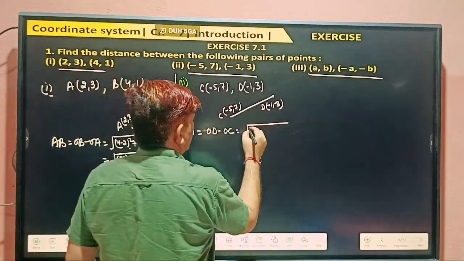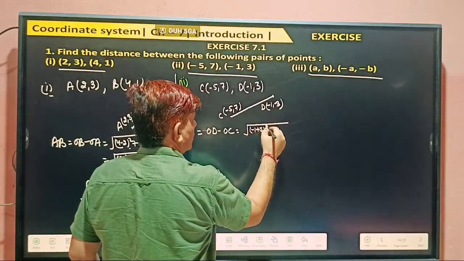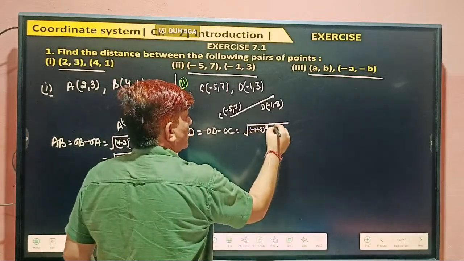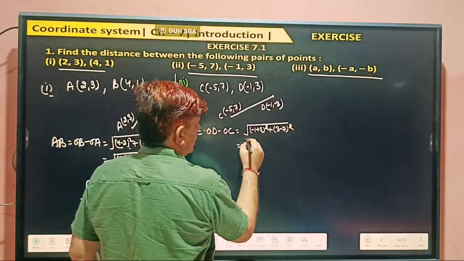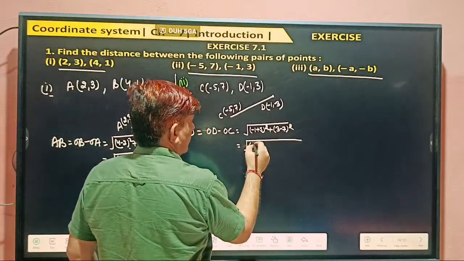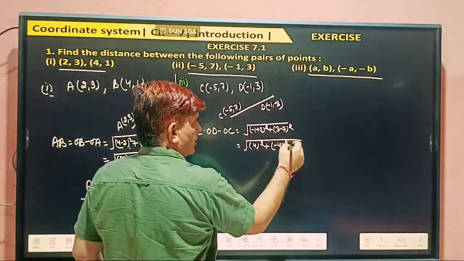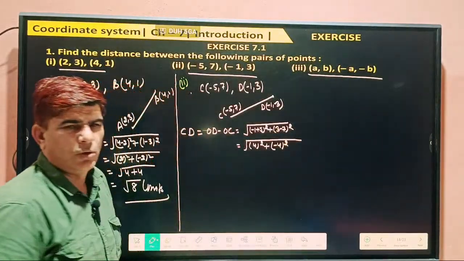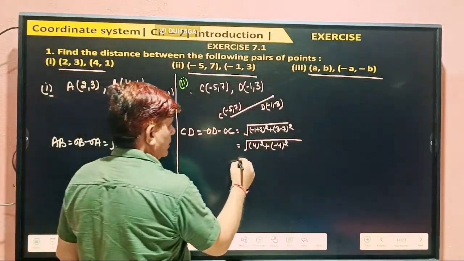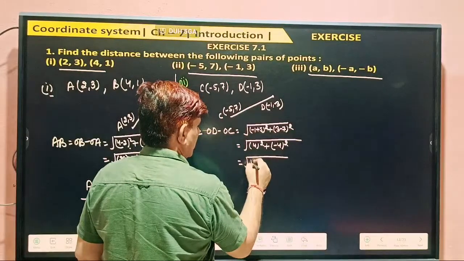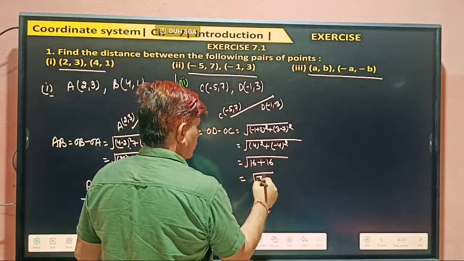D, minus 1 minus minus 5, whole square plus 3 minus 7 whole square. So what is this? It's 4 whole square plus minus 4 whole square. This I think you know. 3 of plus, 7 of minus, so minus 4 left. So what is this? Under the root 16 plus 16. What is this? Under root 32.